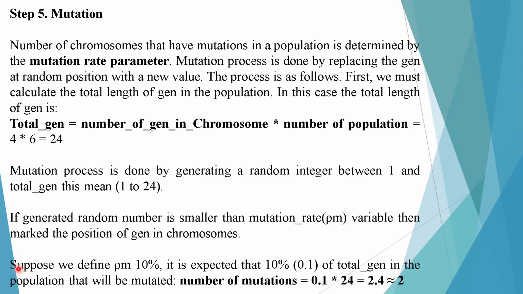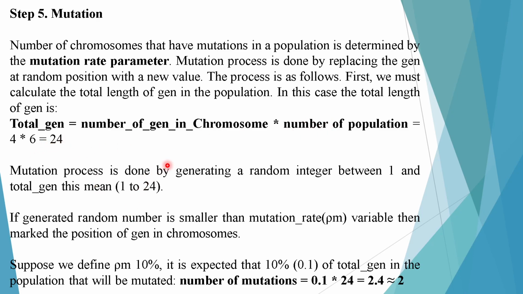To do the mutation, we need to have the mutation rate parameter. The mutation process is done by replacing the gene at a random position with a new value. The process is as follows. First, we must calculate the total length of genes in the population. We got 4 genes per chromosome and the number of population is 6, so total genes is 24.